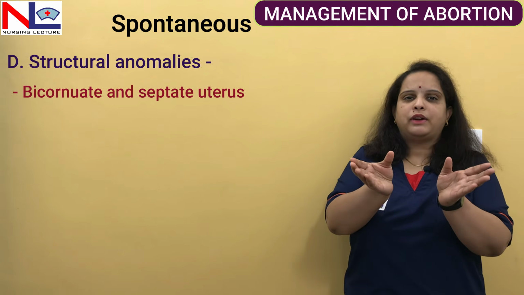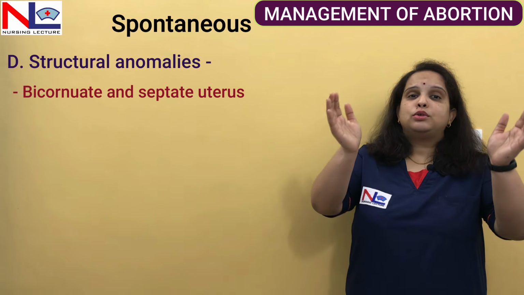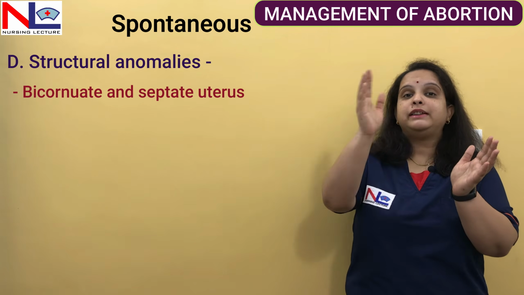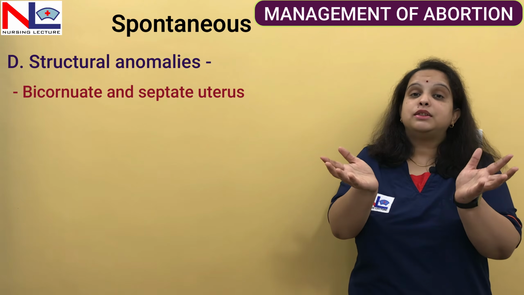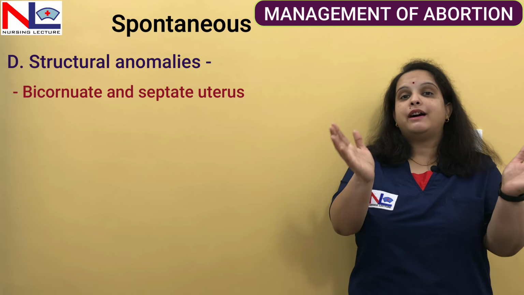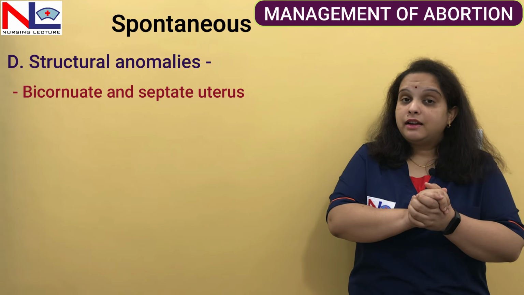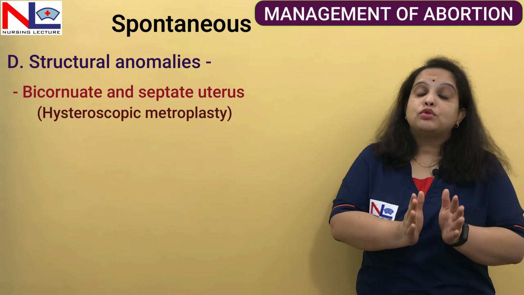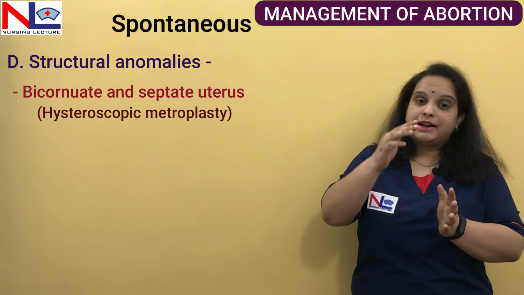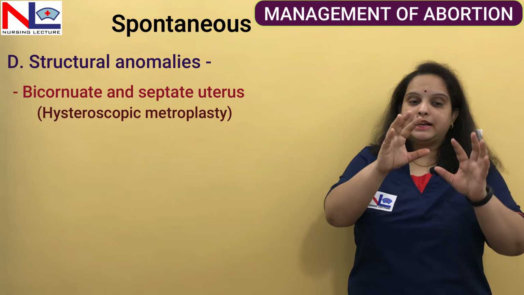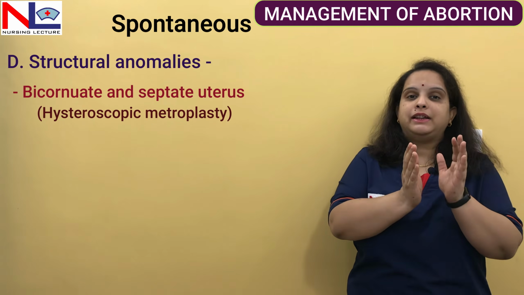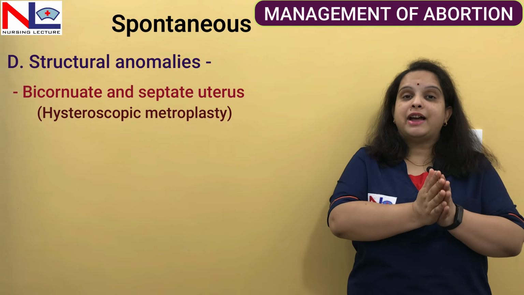By the use of a unification procedure, we can change this uterine cavity into a single large cavity. We can advise a woman to go through hysteroscopic metroplasty, where the septum or the division that divides the cavity will be removed, making the whole cavity large and single.